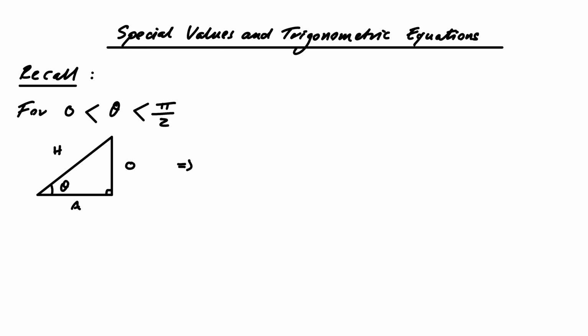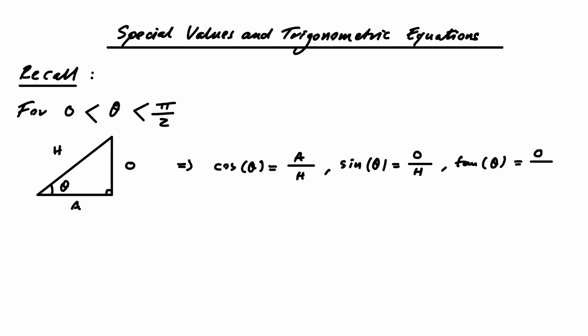Cosine of theta is the adjacent divided by the hypotenuse. Sine of theta is the opposite divided by the hypotenuse. And tan of theta, which is sine divided by cos, is the opposite divided by the adjacent.